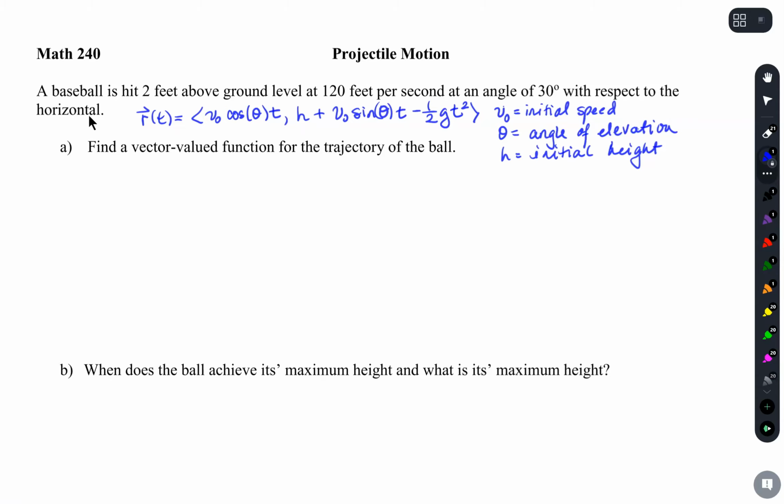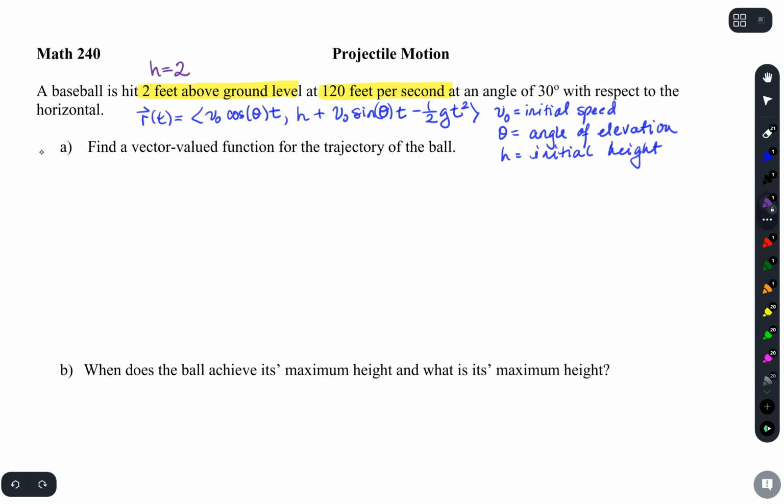So we have a baseball that is hit from 2 feet above ground level. So this indicates an initial height, so h will end up being 2. Continuing on, at 120 feet per second.